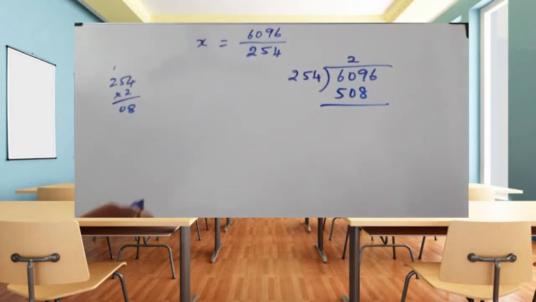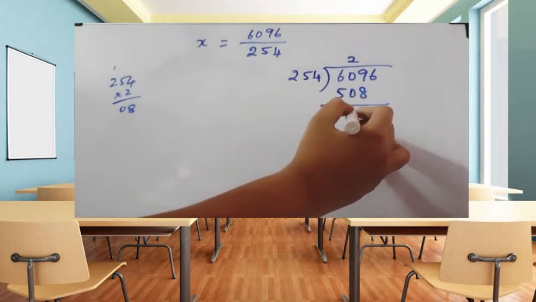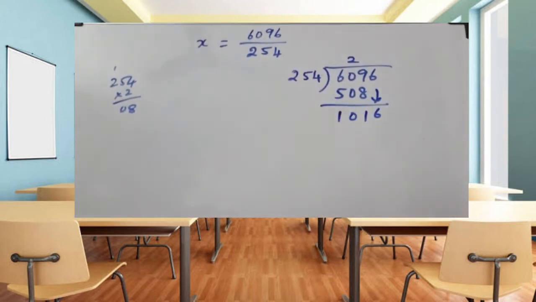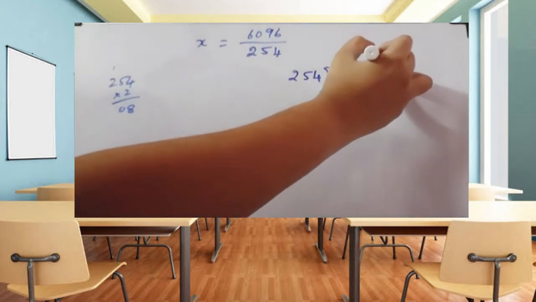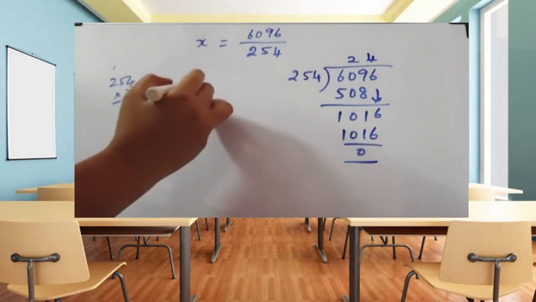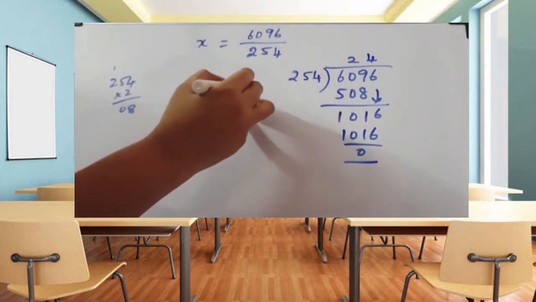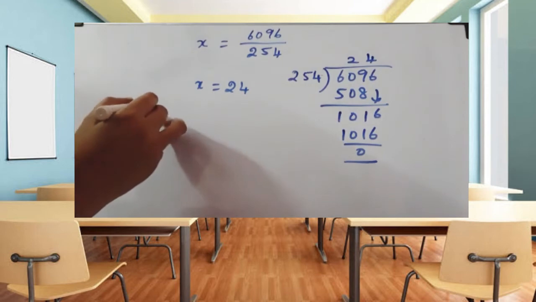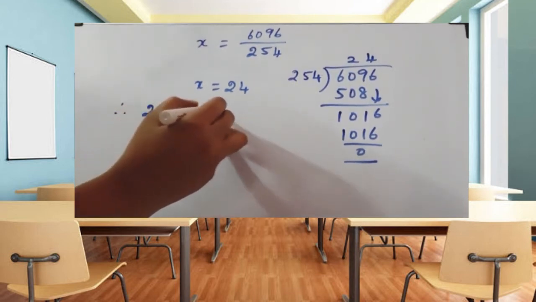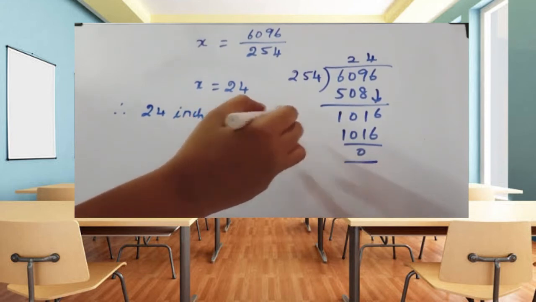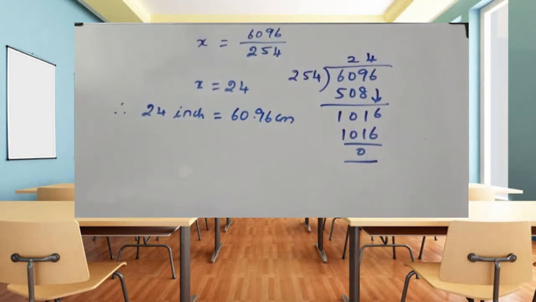The remainder will be 1016. Now 254 into 4 is 1016, remainder will be 0. So the x value is 24. Therefore 24 inches is equal to 60.96 centimeter. This is the fifth sum.